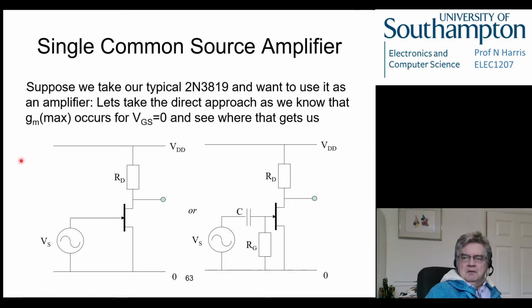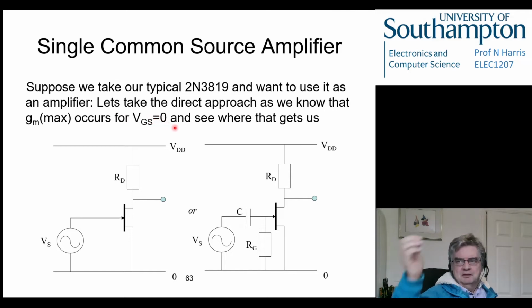Right. So let's take this 2N3819 transistor, FET transistor that we've been looking at, the JFET. We've looked at it in modelling, and we want to use it as an amplifier. So if we want to get the maximum gain out of this, we know that the maximum IDSS, and therefore the maximum transconductance of this thing, occurs when we've got 0 voltage on this gate.